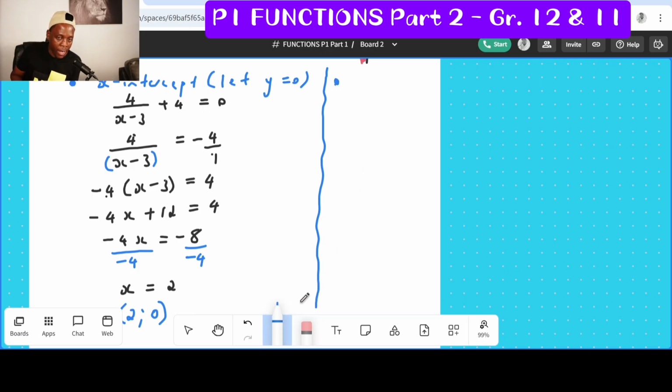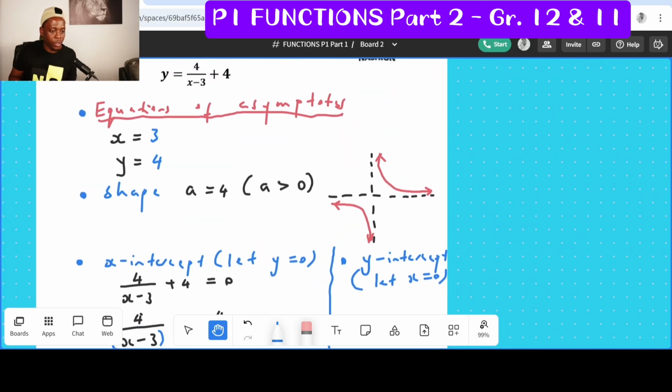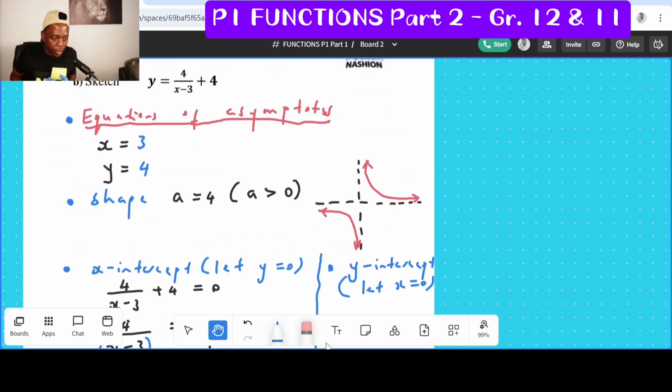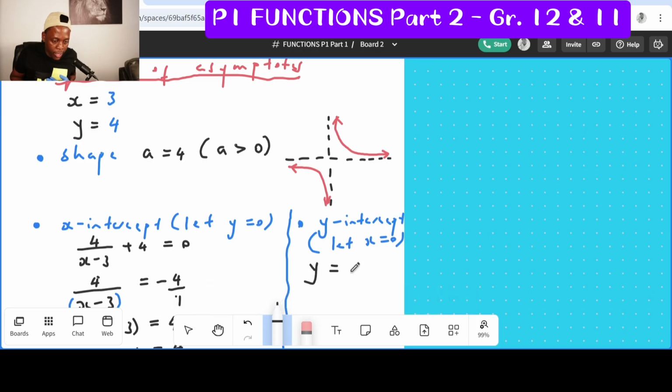Now let's go to the other intercept, which is the y-intercept. This is the place where we let x equal to 0 to get the y value. In the original equation, where we see x, we're going to be putting 0. Let's do that.